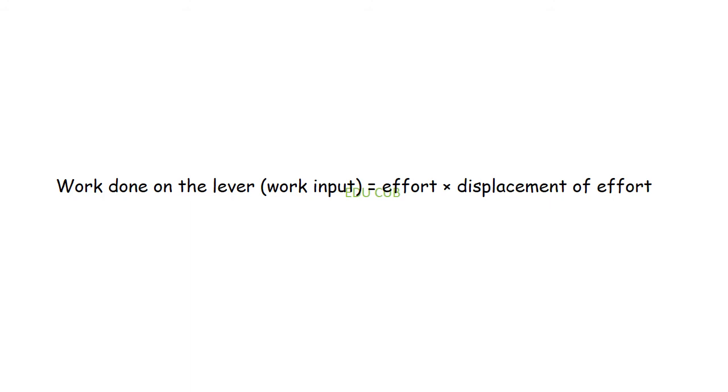Work done is the product of the force applied and the distance that the force travels. We can calculate work done on the lever, the work input, by multiplying effort and displacement of effort.